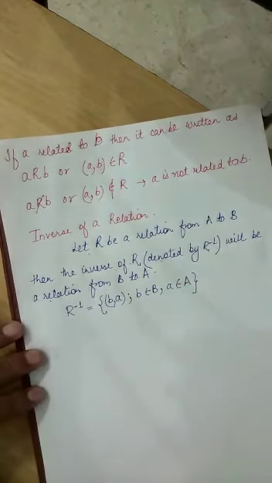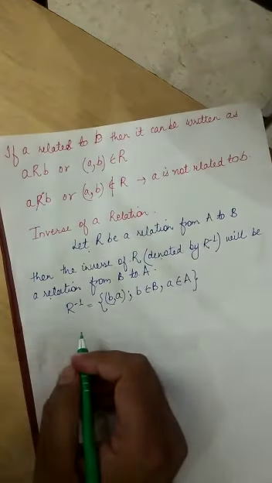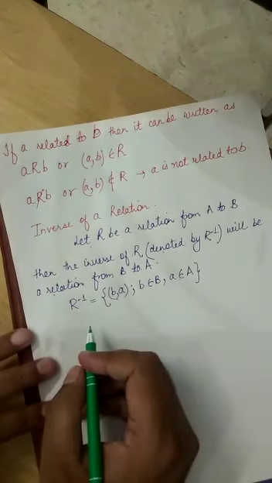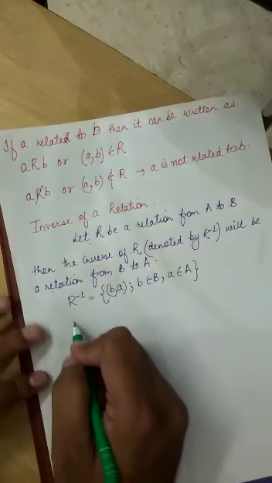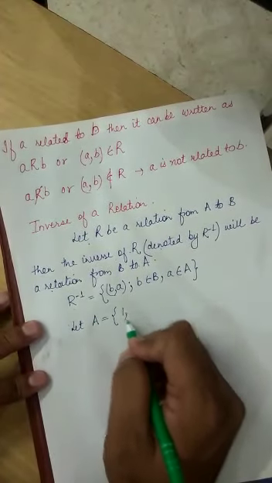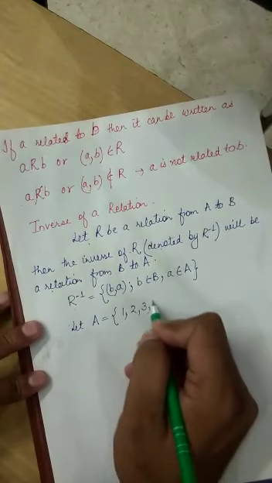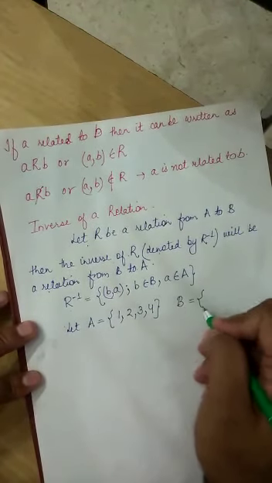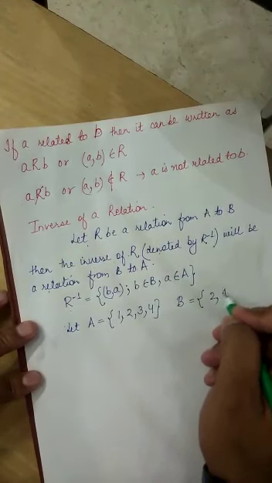Let us take one example. Let set A be defined as 1, 2, 3, 4 and B has elements 2, 4, 6.